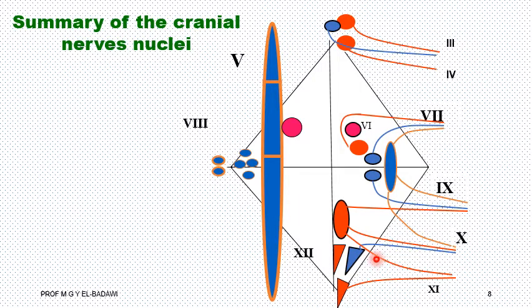And this is the dorsal motor nucleus of the vagus. And this is the spinal nucleus for the accessory nerve. That is the motor nucleus of the hypoglossal, and so on. That's a very good summary for the cranial nerve nuclei.